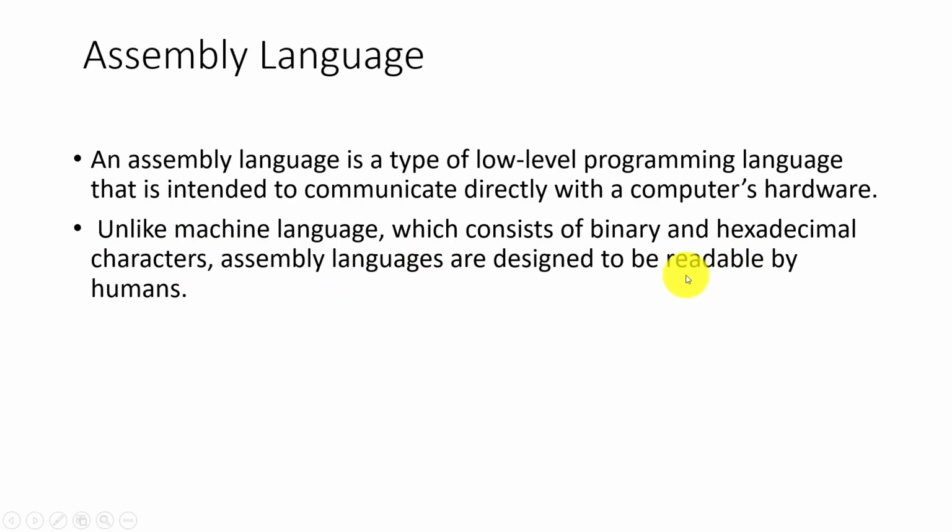Assembly language is designed to be readable by humans. Machine language cannot be easily read by humans because it is in 0 and 1 form, but assembly language we can read easily.